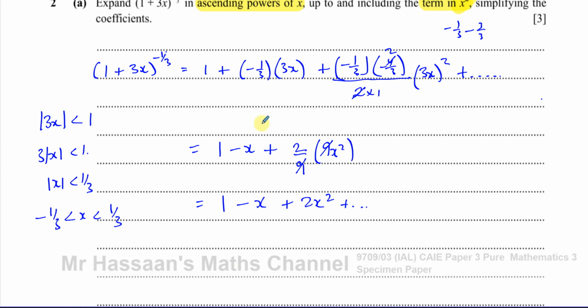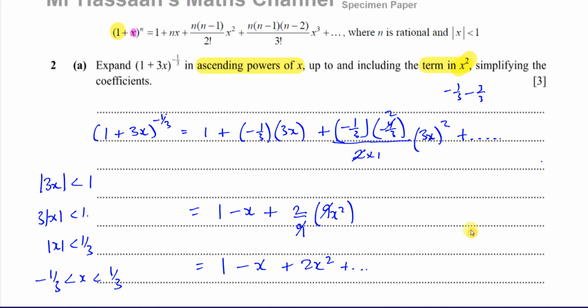But I want you to understand why that is the case. Because this expansion here, as we can see, if we continue on and on and on, this will never end. For example, if it was 1 plus 3x, say to the power of 3, you would have 1 plus 3 times 3x, 1 plus nx, plus then you have n, which is going to be 3 times n minus 1, which is 2, times 3x all squared over 2 factorial.